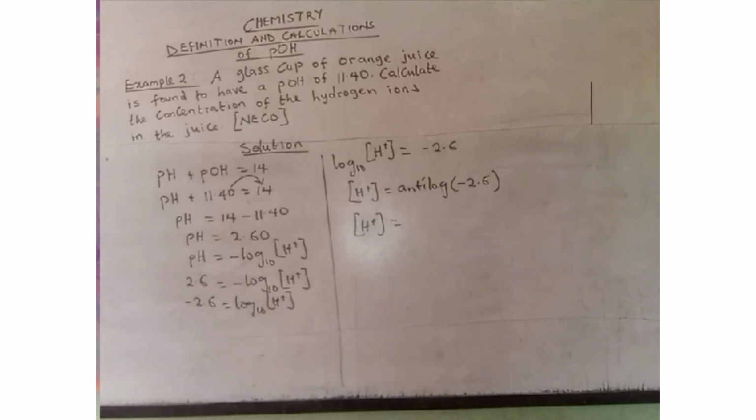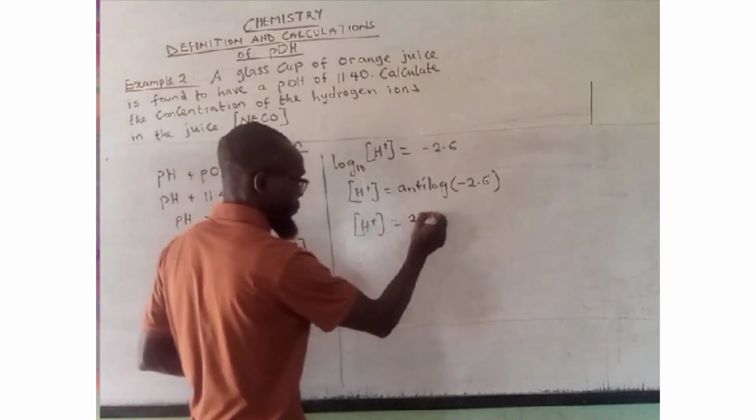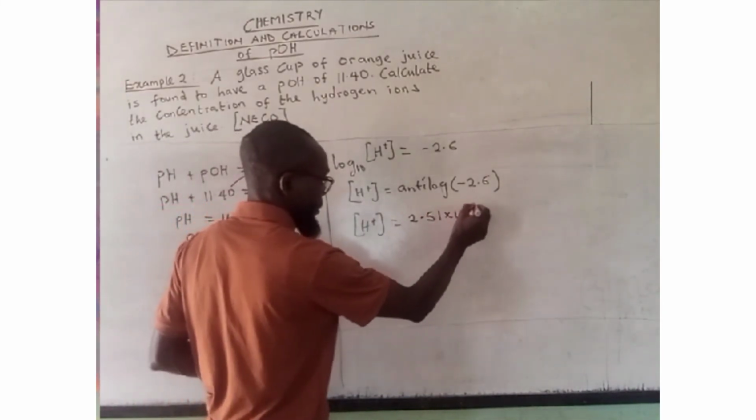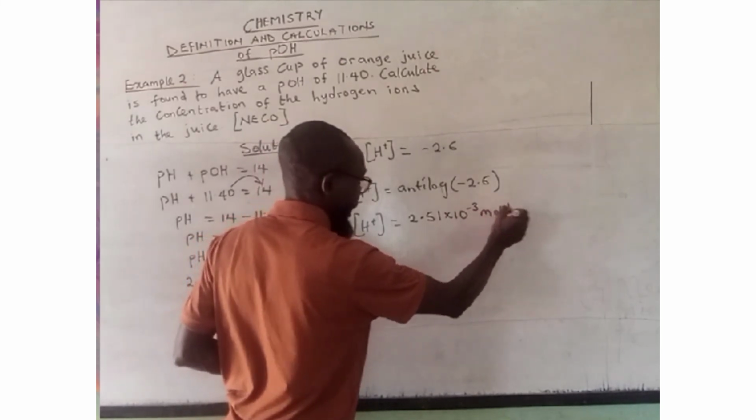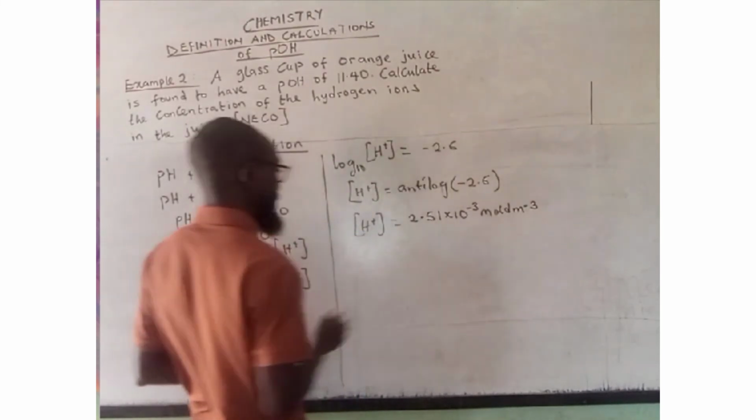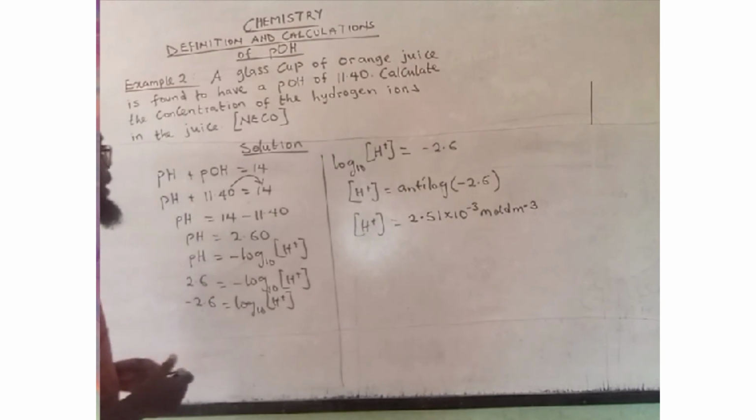It gives you antilogarithm. Press minus 2.6, and we have the value of 2.51 times 10 raised to the power minus 3 mole per dm cube.